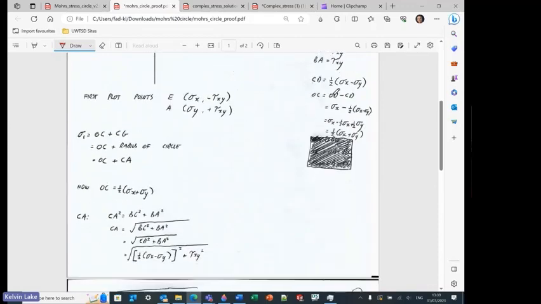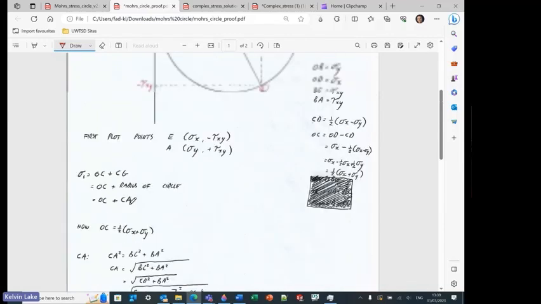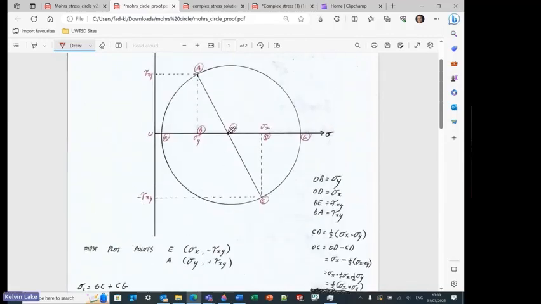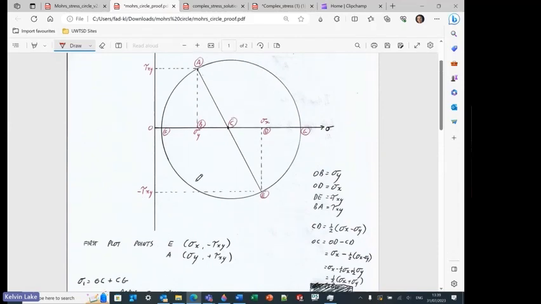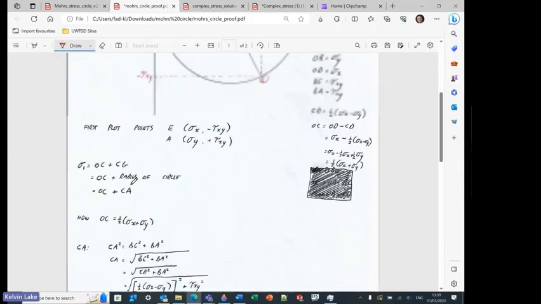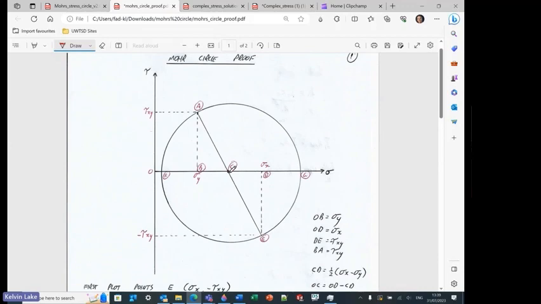Now, we've shown up here, OC was a half sigma x plus sigma y. CA, the radius of my circle, we can use a little bit of trig, and we know that we've got a right angled triangle here. So that hypotenuse there squared is equal to this length squared plus this length squared.